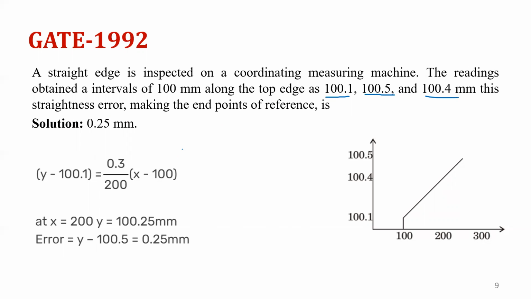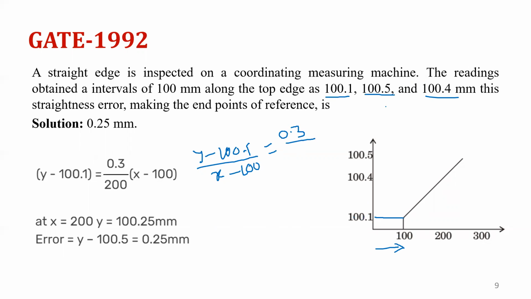So here we will take the slope, y minus 100.1 divided by x minus 100. So this y variation and this is the x variation. x minus 100, this is y minus 100.1.